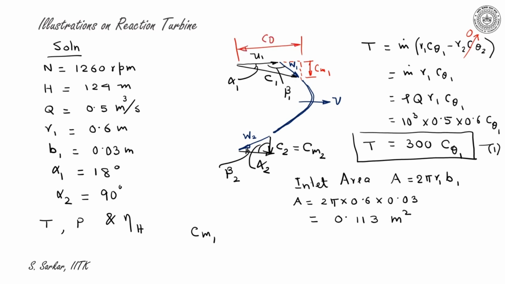This length is w theta 1. The Cm1 we can get as Q by A. So we know the value of Q as 0.5. A I have calculated as 0.113. That would be equal to 4.42.